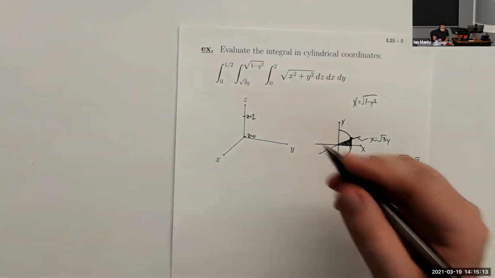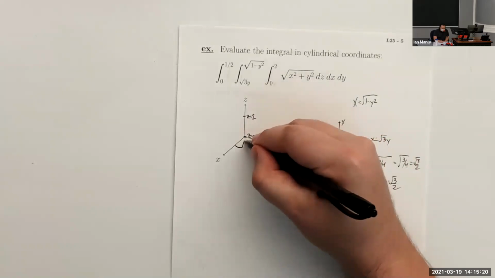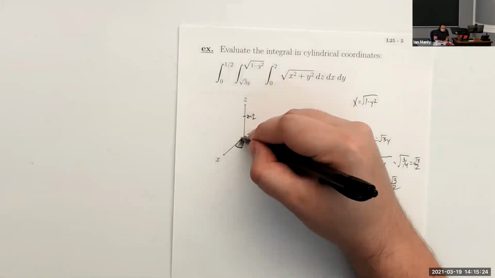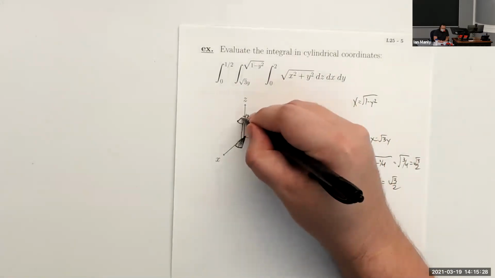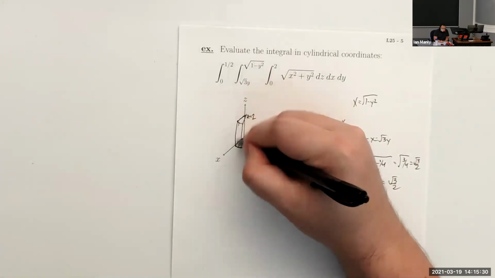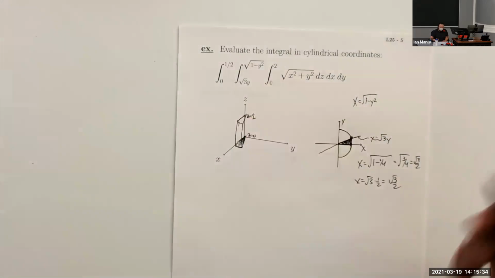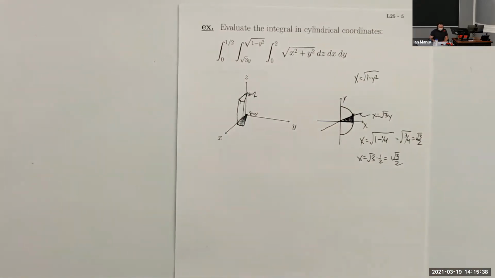Okay, so what does that mean our picture looks like? Well, we start drawing a little arc of the circle here. This will be our domain. And then we go up here, have a copy of it there. So it kind of looks like a wedge or a slice of cheese or something like that. We're trying to integrate over that domain here. All right.